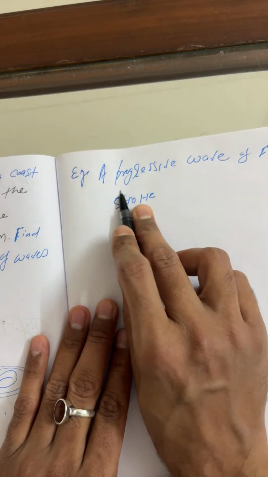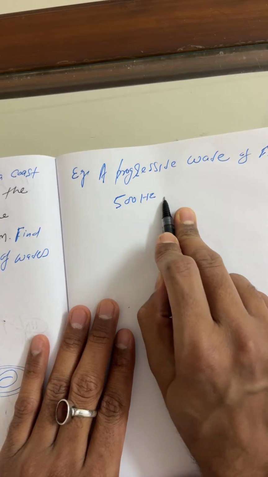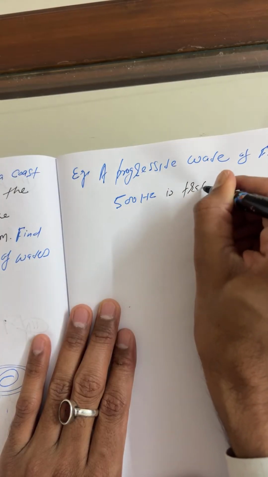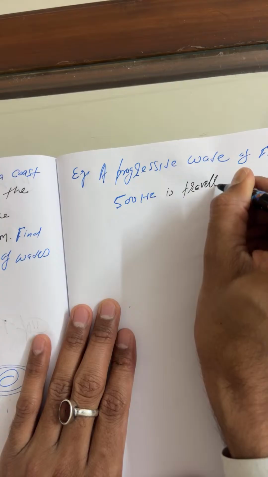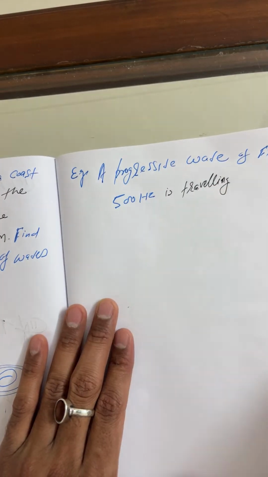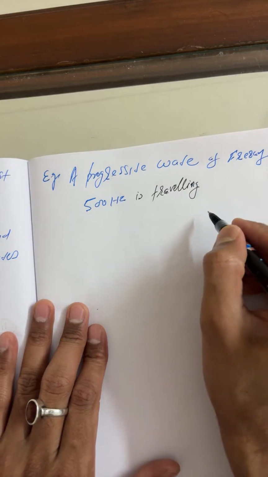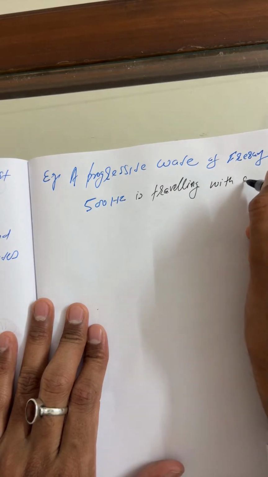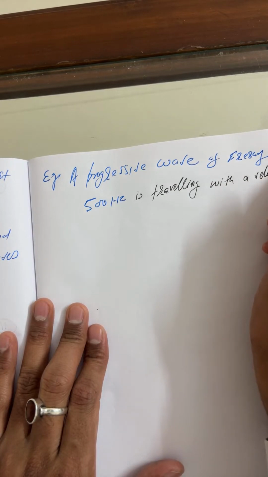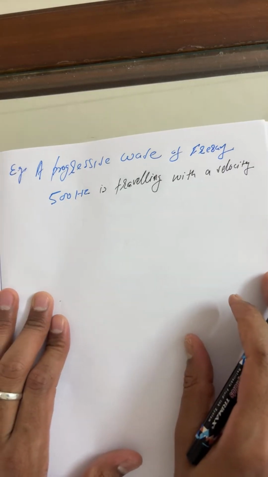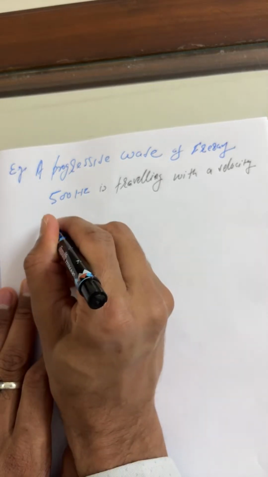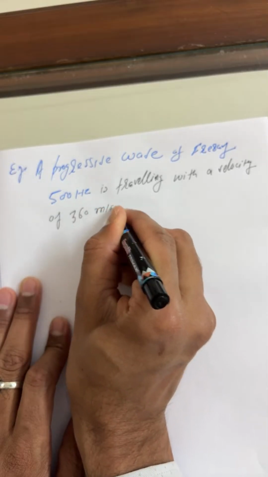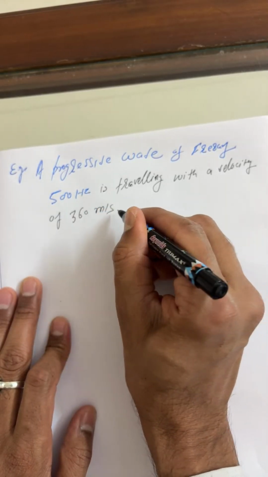Beta, what is the question? A progressive wave of frequency 500 hertz is traveling with a velocity of 360 meter per second.